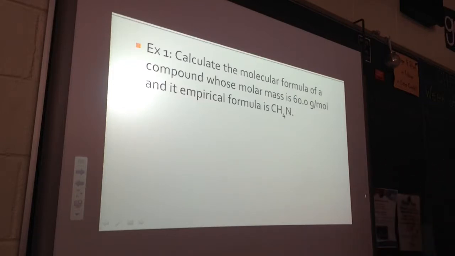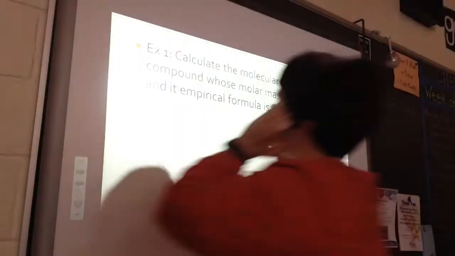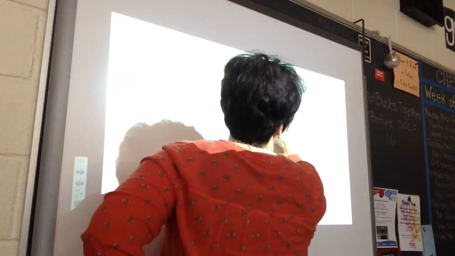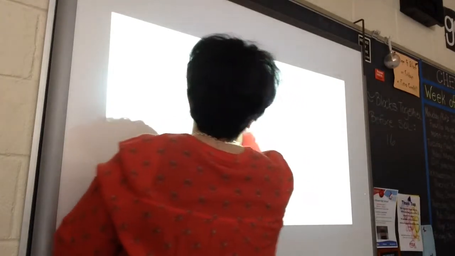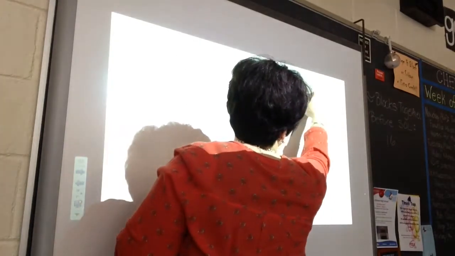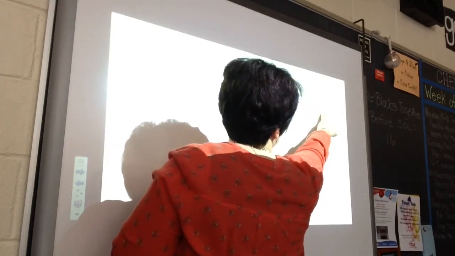Now, we're going to do this in a different way in just a minute, but this is our very first one, so this is the most straightforward, the best way to start. We have an empirical formula of CH4N, and a molar mass of 60 grams per mole.